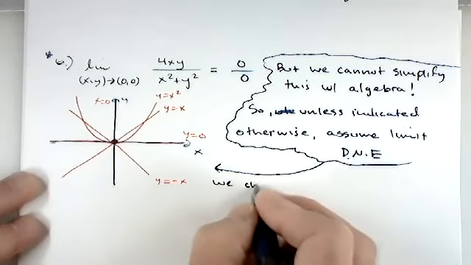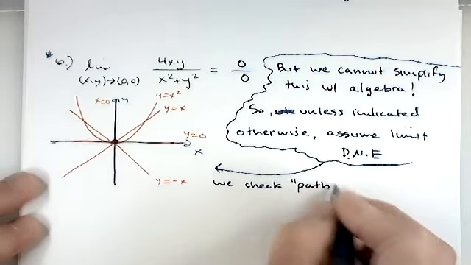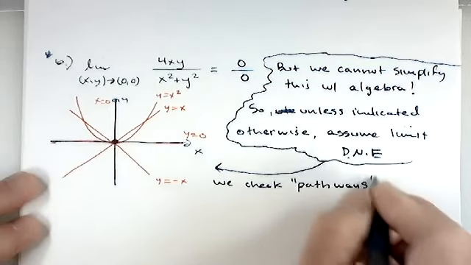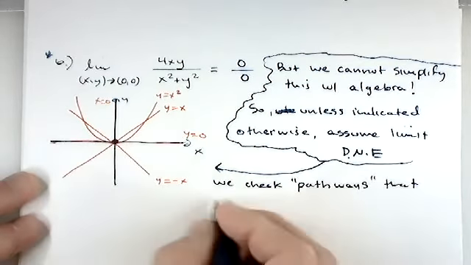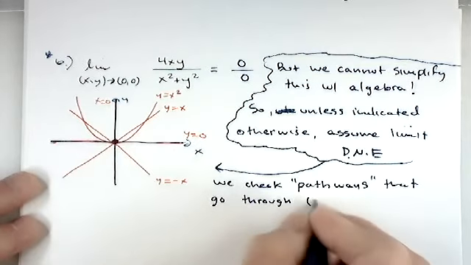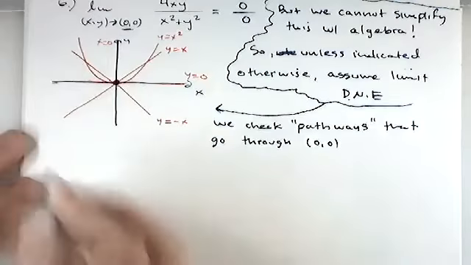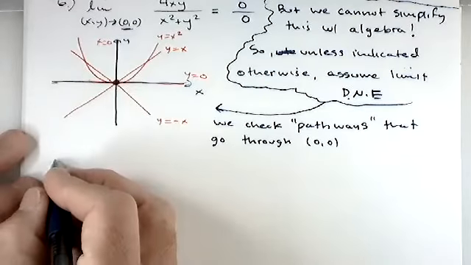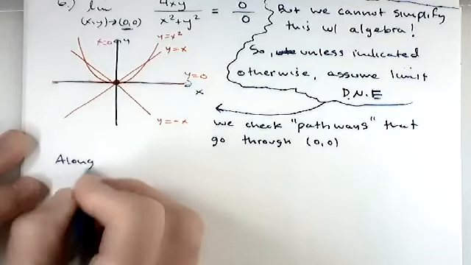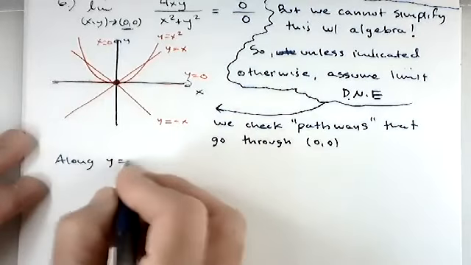We check pathways that go, in this case, through 0, 0, because that's where our x and y was approaching. And so this is what it looks like. If I approach 0, 0 along, let's start with along y equals 0, along the x-axis.